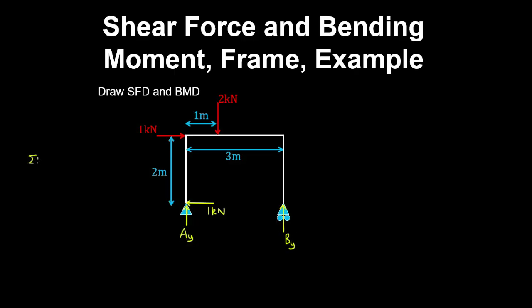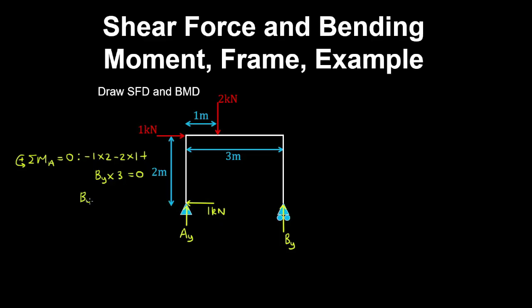So if we take a sum of moments about the pin, with anti-clockwise being positive, then we have minus 1 kilonewton by the moment arm, minus 2 kilonewtons by the moment arm, and then plus the reaction By by a moment arm of 3 meters is equal to 0.